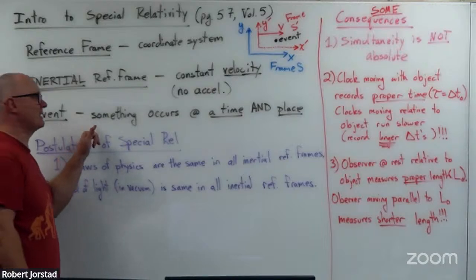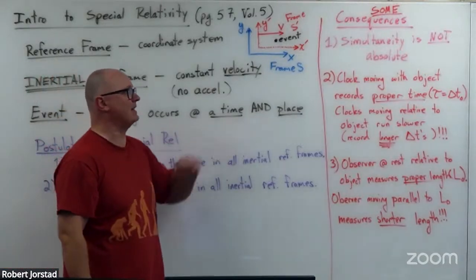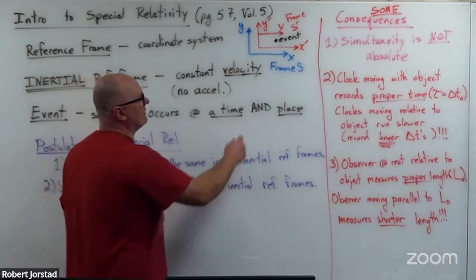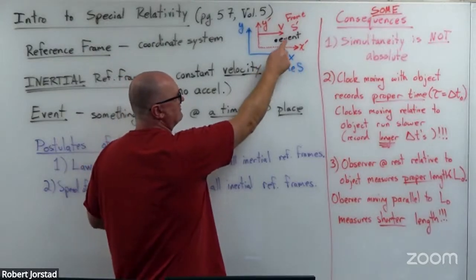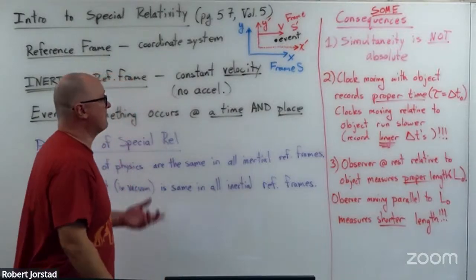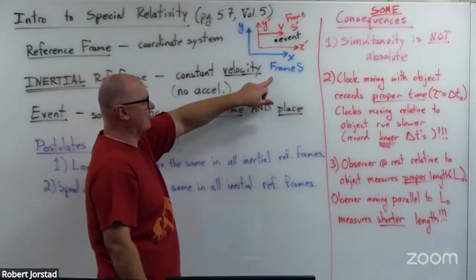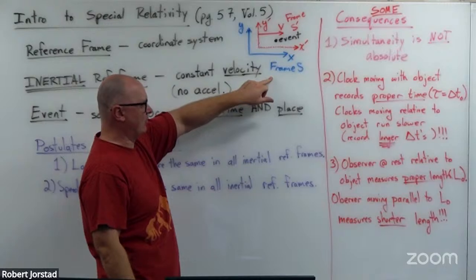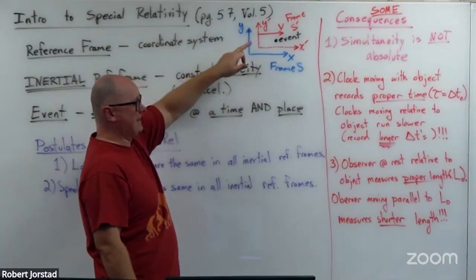Lastly, we're going to see this term event. That's something that occurs at a time and a place. So I want you to think of an event here. There could be some time that this happened at some x and y. Now, a person in frame S would record the event as having coordinates x, y, and t.